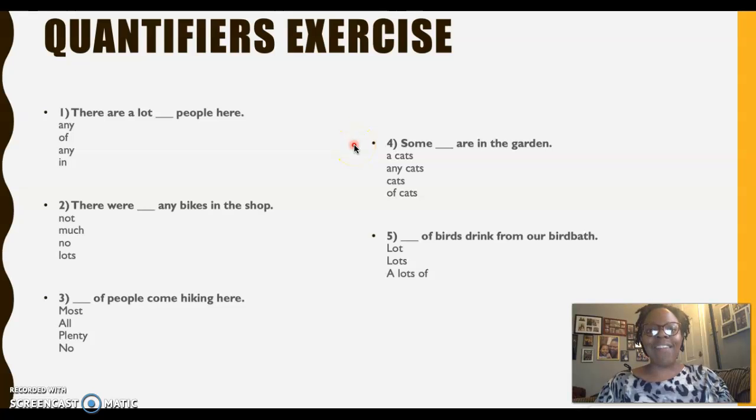Some cats are in the garden. And 5. Lots of birds drink from our bird bath. Did you get those right?